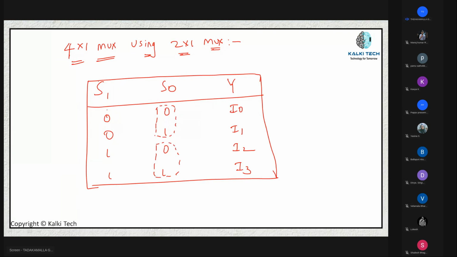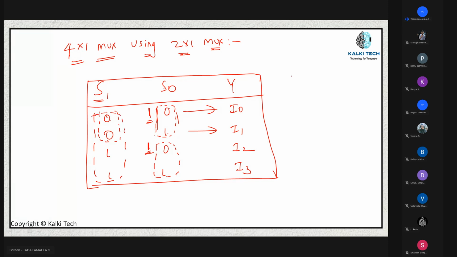So here for S1, if it is 0, S0 will be equal to 0 1. If S1 is 0 and S0 is 0, your I0 is being selected. And S1 is 0 and S0 is 1, your I1 is being selected. So one multiplexer can be designed using this, and here one more multiplexer, and this is another multiplexer.